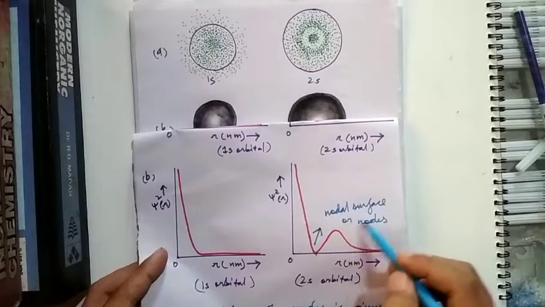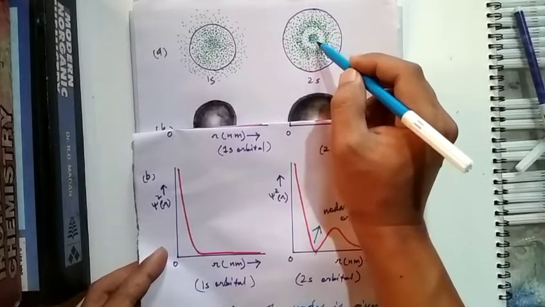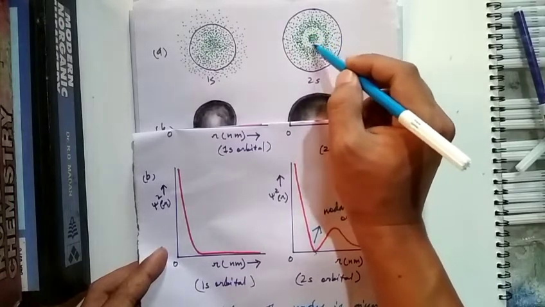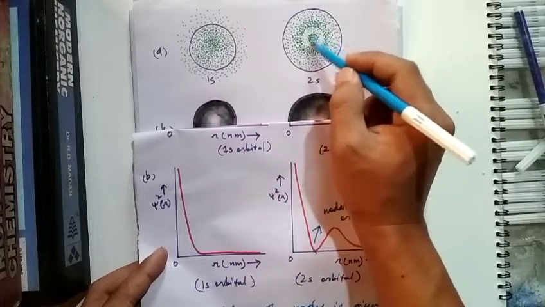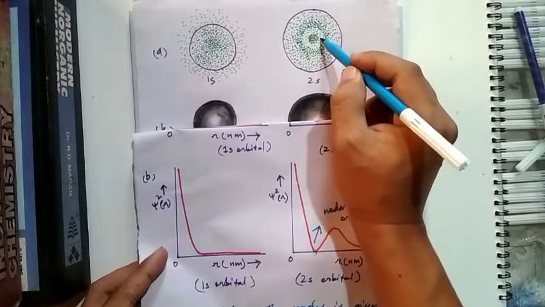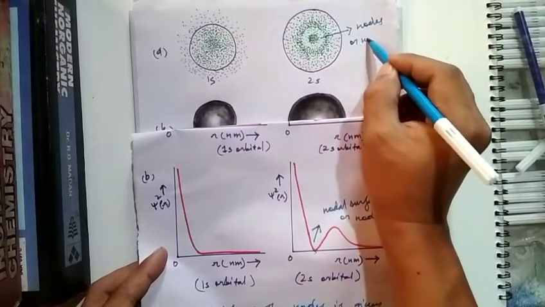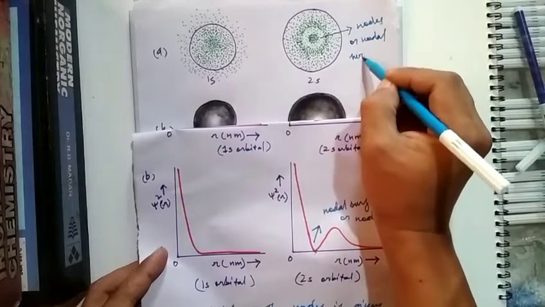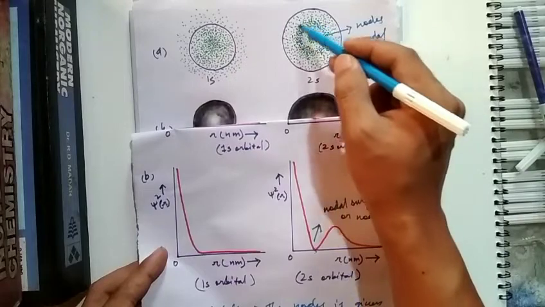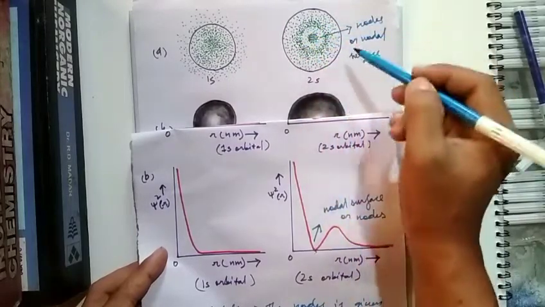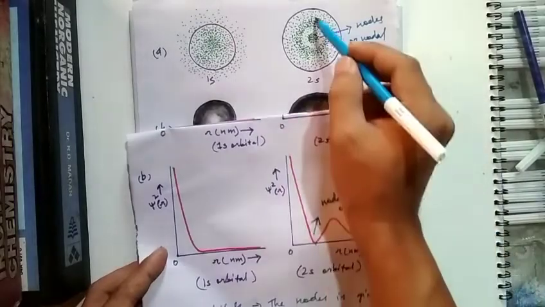We call this the nodal surface. You can see a clear space, in a circular form, around this. This space represents the node or nodal surface, and then the electron density increases, reaches a maximum, and then decreases.